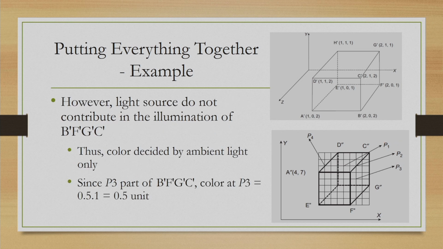And we have also noted that the light source does not contribute to the illumination of this other surface B dash, F dash, G dash, C dash. So, in that case there will be no contribution due to direct light source.